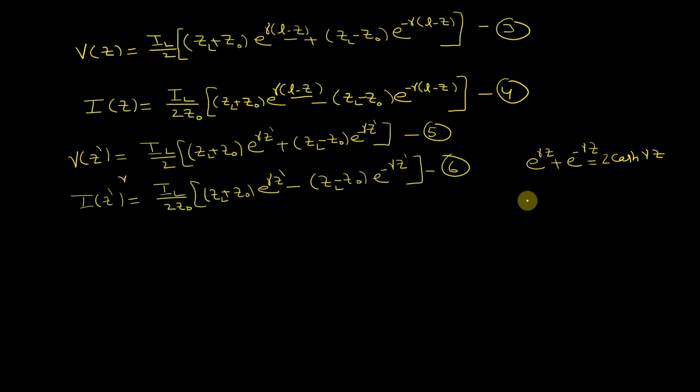Similarly, e raised power gamma z minus e raised power minus gamma z will be equal to 2 sin hyperbolic gamma z. So we can use these equations.